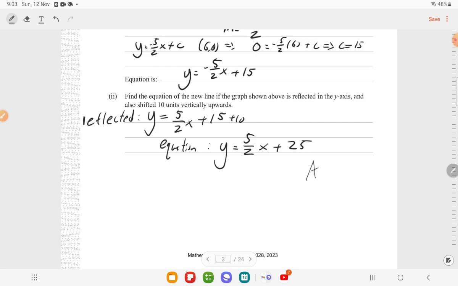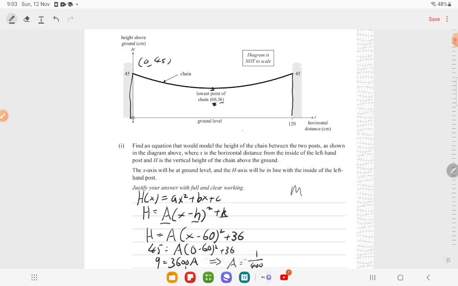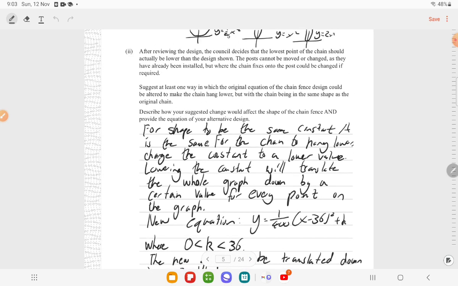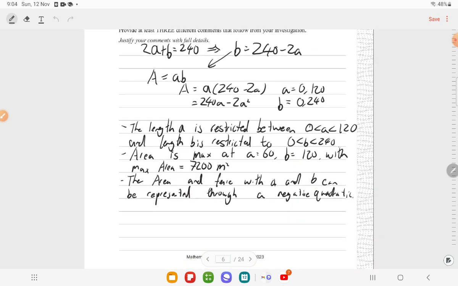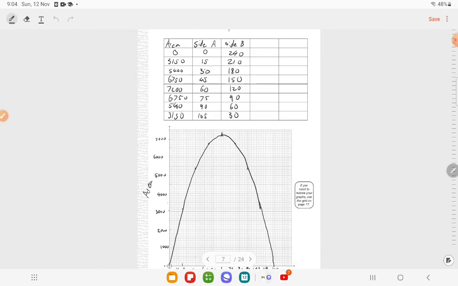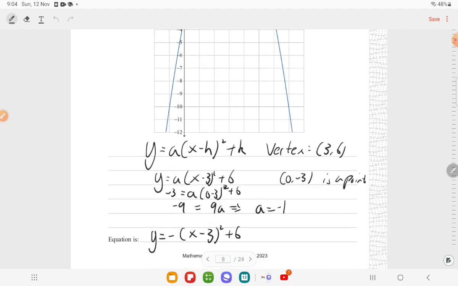Surely this is an A. Okay, this is an M. This is probably an E. And this is probably also an E. This seems like an A or maybe an M.